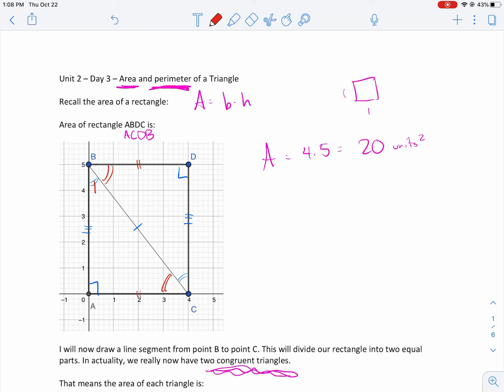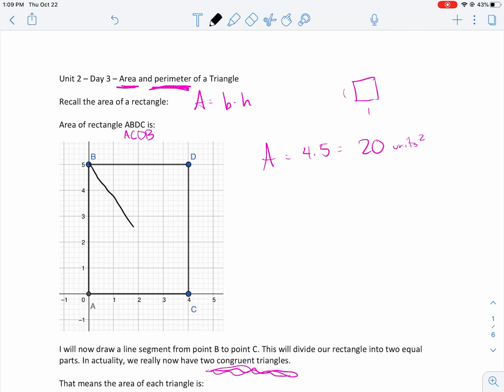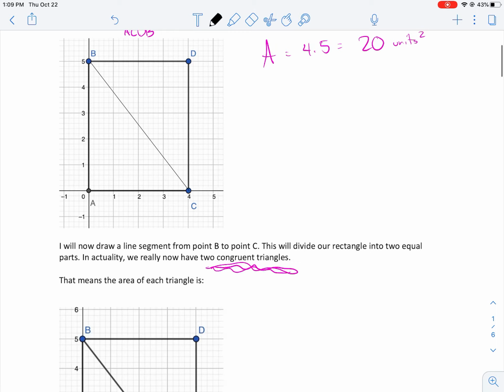That would be 1 and 2, and then 3 and 4. I'm going a little bit extra there, but anyway, that's what it means to have 2 congruent triangles. So by drawing a line from B to C, I have now created 2 congruent triangles. Just know that all of their angles and all of the sides are the same.